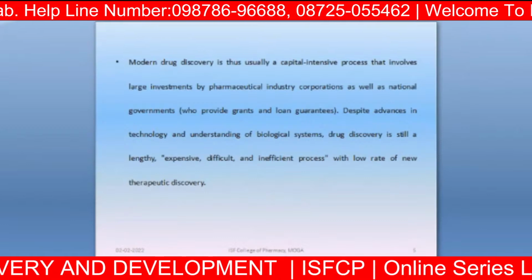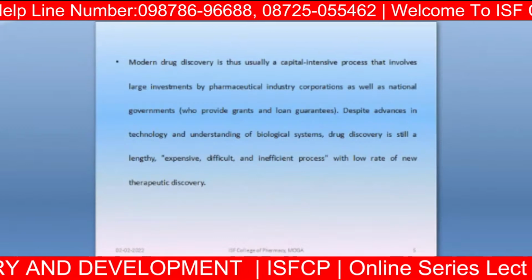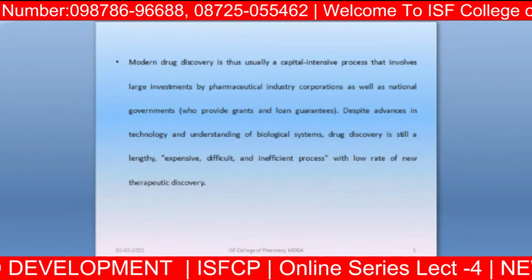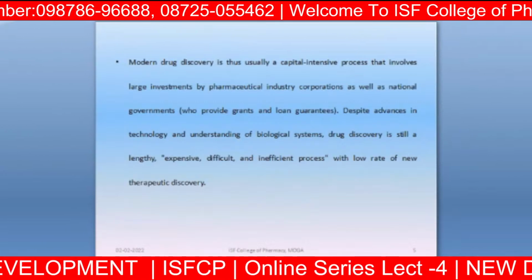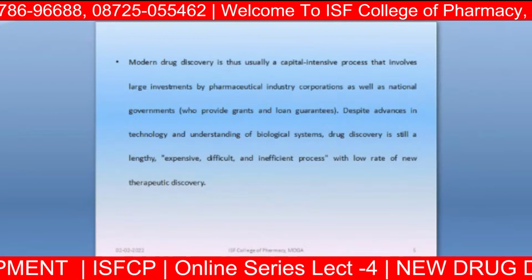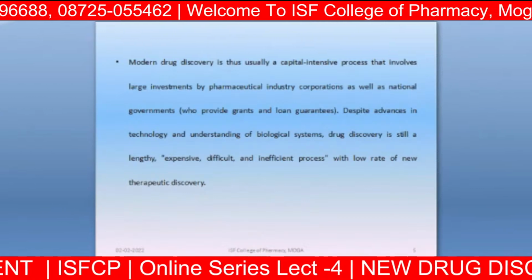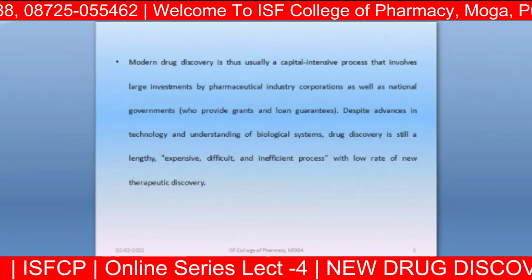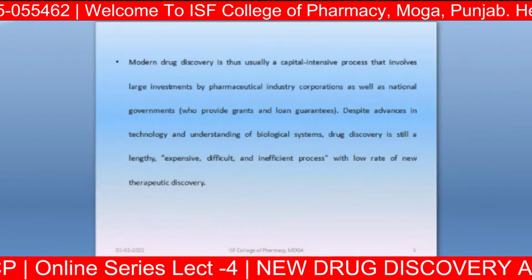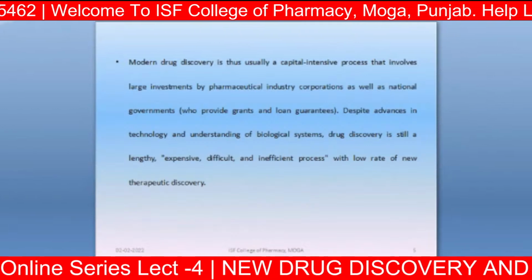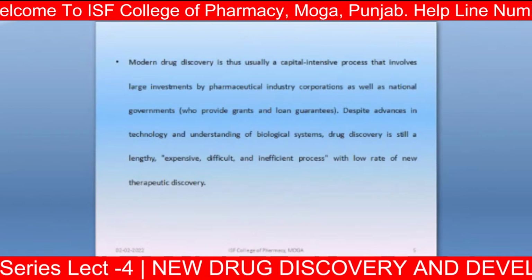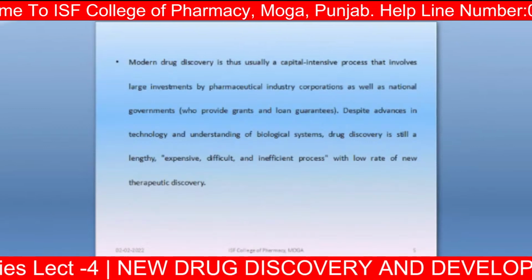Next is, modern drug discovery is thus usually a capital intensive process that involves large investment by pharmaceutical companies as well as the national government. So, dear ones, as we all know, 10 to 20 years are required to complete the whole process in an efficient way, so various teams are there.